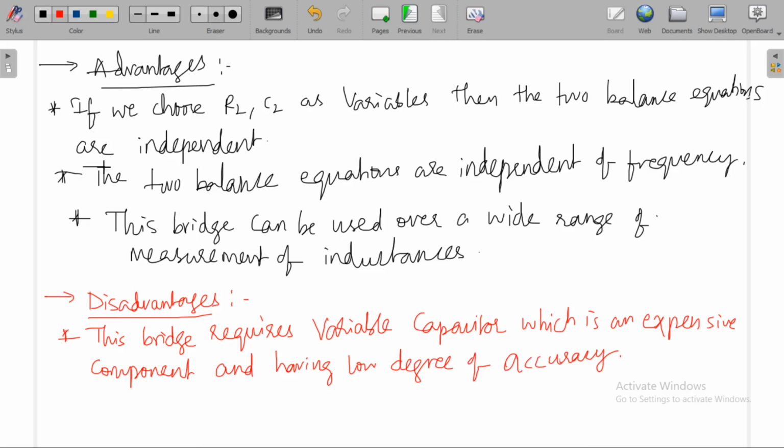Fixed capacitor is having high degree of accuracy when compared to variable capacitor. So variable capacitor is having low degree of accuracy.